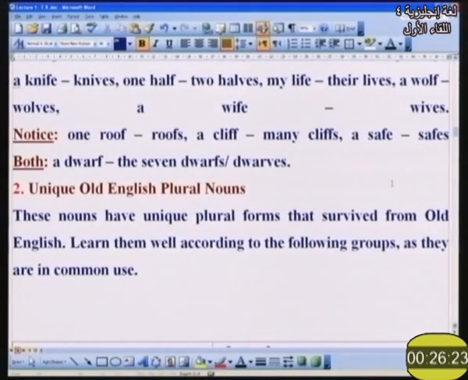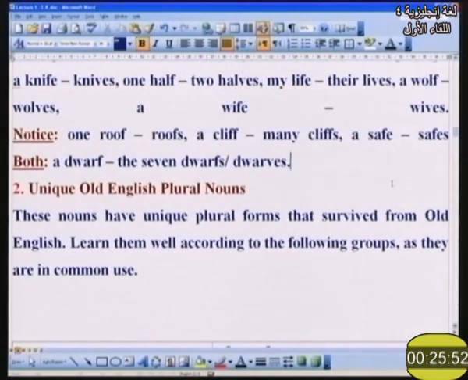Not all what we have said were rules, adding an ES or an S or looking at the Y and changing it to I. These are rules. You know what to do. You know if you find this, then you will do so and so. But some nouns do not follow any type of rule because they have the Old English plural nouns. They don't have justification for this. ما فيش مبرر لده. And you don't have a rule, and you can't expect what is going on.